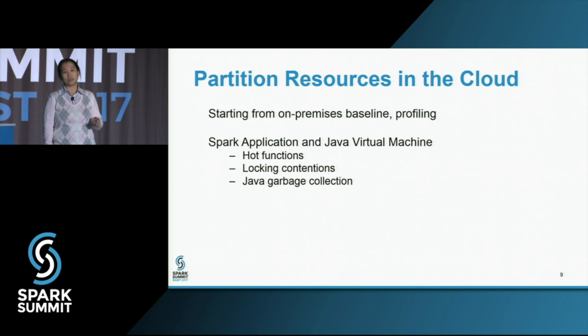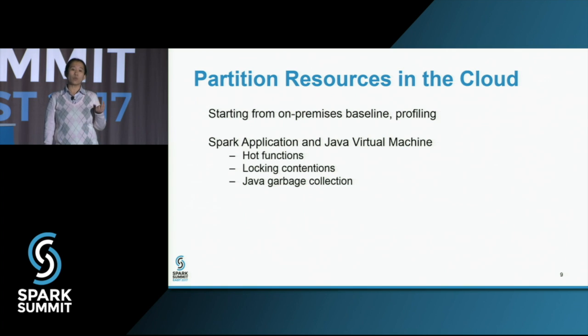Here we use at Intel on the performance work we do day in, day out. Normally the starting point is a baseline. In this case, let's start from the on-premises environment. Then as the first step, we profile the Spark application and the Java virtual machine.